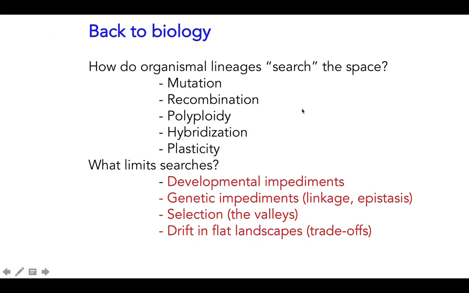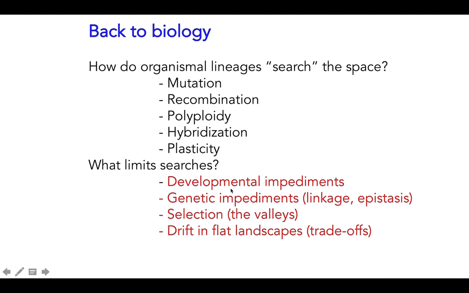So back to biology. Okay, so again, how do organismal lineages search this phenotypic or genotypic space? Well, remember, this is done by mutation, recombination, polyploidy, hybridization, but also in terms of plasticity. And we talked also near the end of class about phenotypic plasticity. Now, what limits the search in terms of how much variability we see within populations?